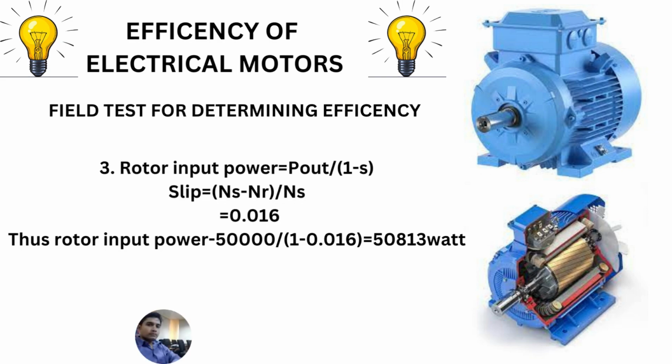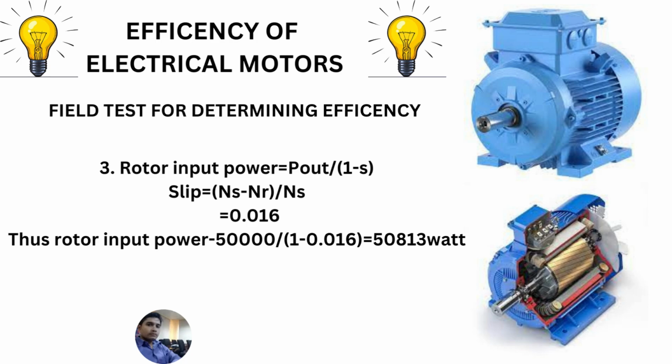Now it is very important to know the rotor input power. So how will you calculate the rotor input power? First we will have to calculate the slip. Slip is nothing but synchronous speed minus actual speed by synchronous speed.